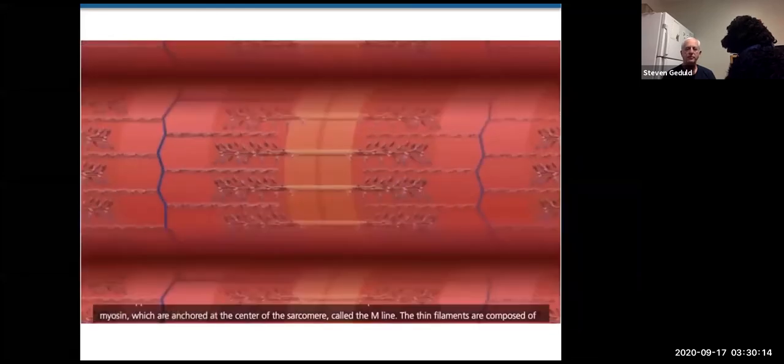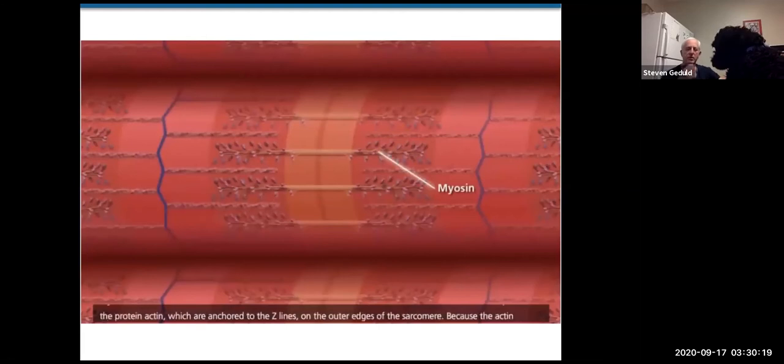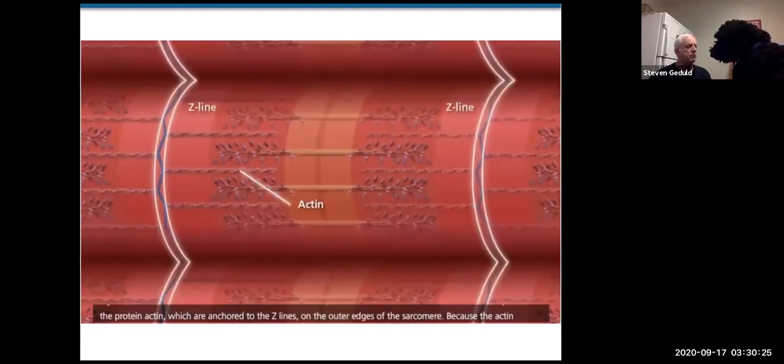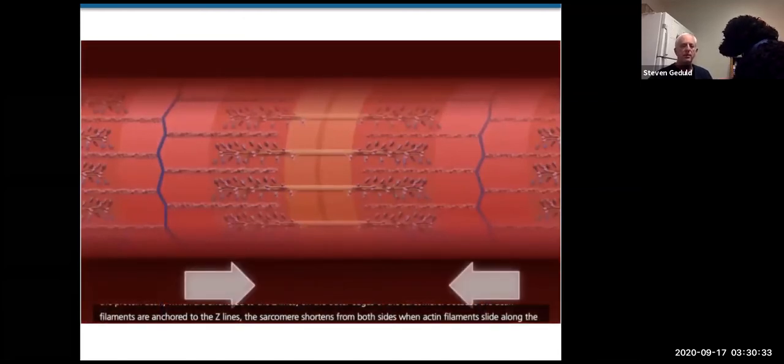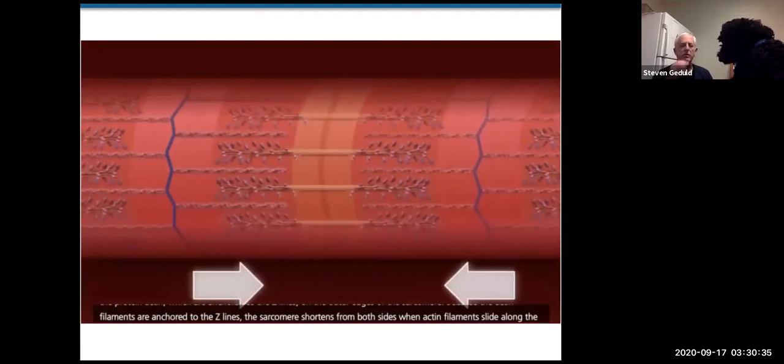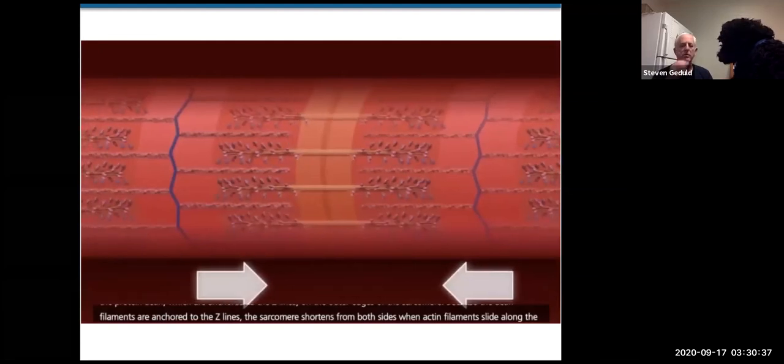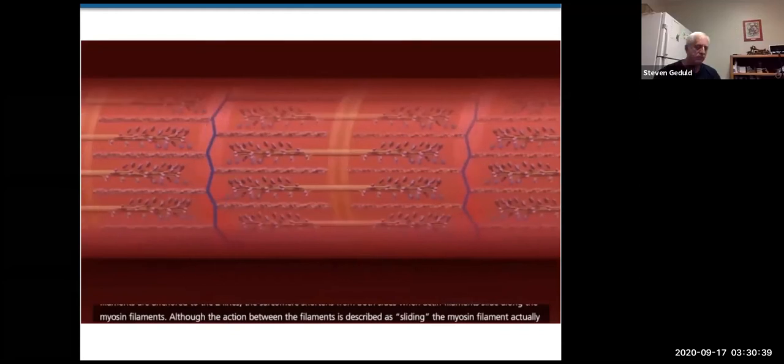The thick filaments are myosin, which are anchored at the center of the sarcomere, called the M line. The thin filaments are composed of the protein actin, which are anchored to the Z lines on the outer edges of the sarcomere. Because the actin filaments are anchored to the Z lines, the sarcomere shortens on both sides when actin filaments slide along the myosin filaments.